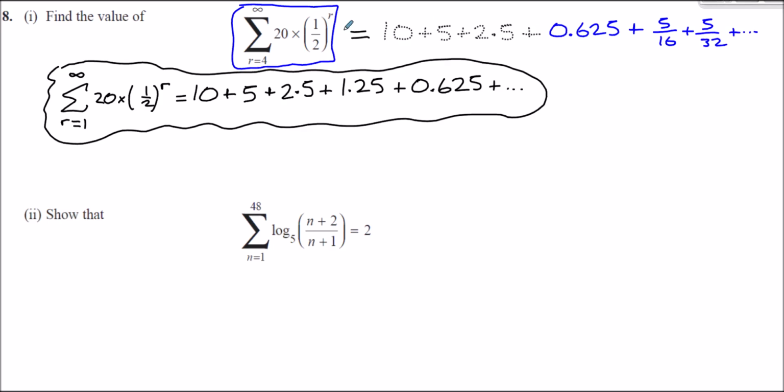So essentially what I'm trying to say here is this sum is the same as the sum from r is 1 up to infinity of 20 times half to the r, minus what we'd get if we summed from r being 4 up to infinity.